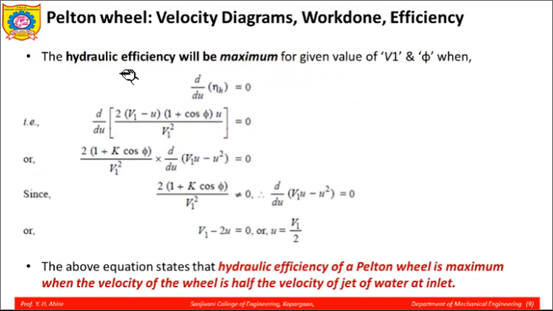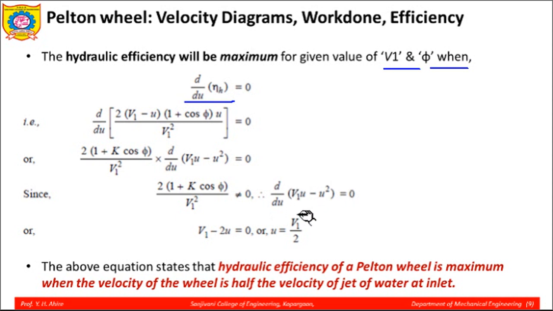Further, this efficiency will be maximum for a given value of V1 and phi when you differentiate hydraulic efficiency with respect to bucket peripheral velocity and equate it to 0. If we differentiate this with respect to U, we get this equation, where the term 2 into (1 plus k cos phi) upon V1 square is not equal to 0. So the other term, d by dU of (V1 U minus U square), is equal to 0.